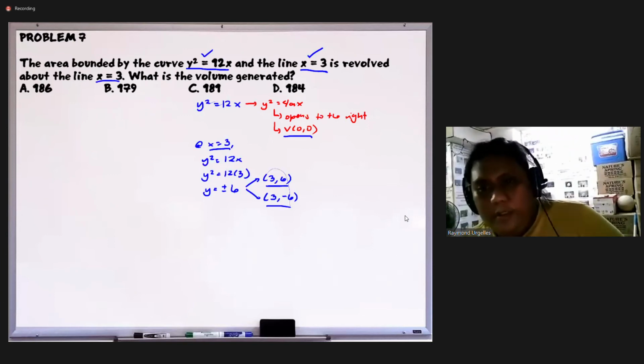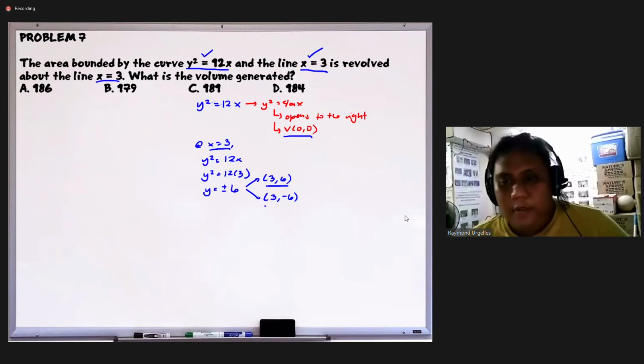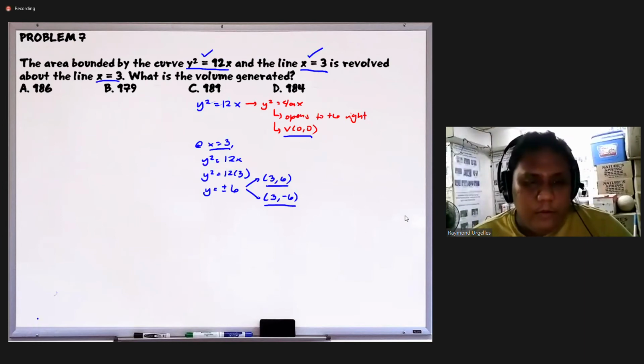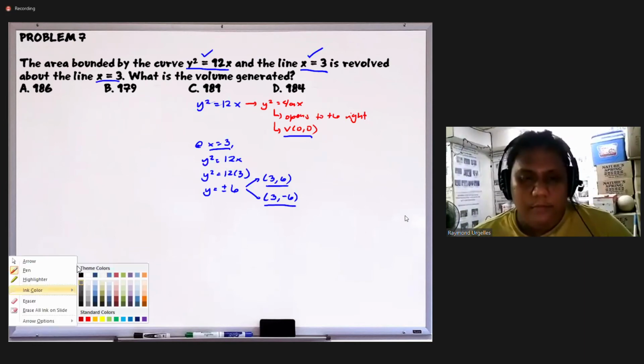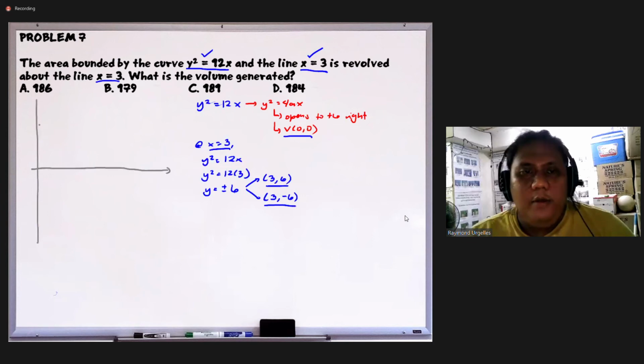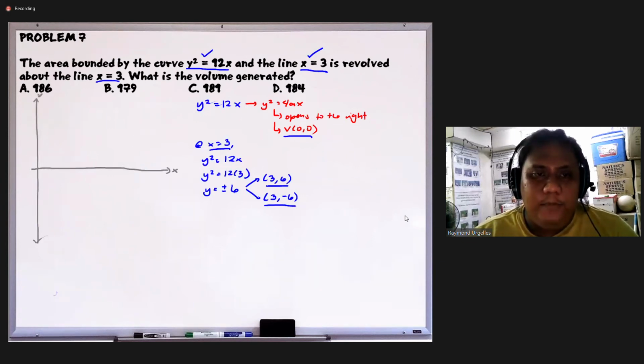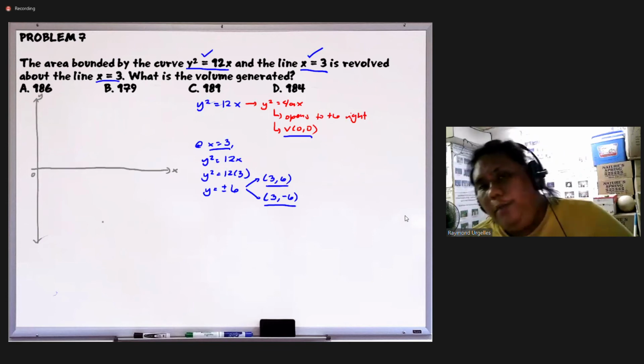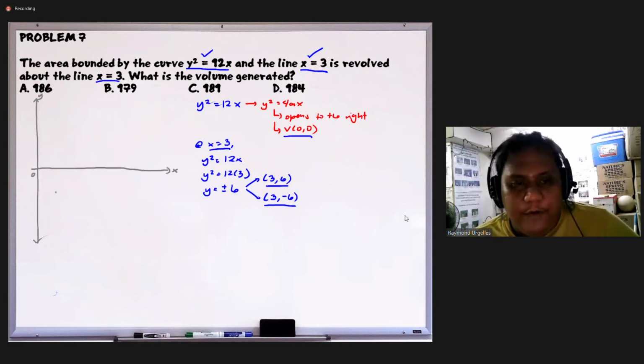Now we can draw this. Let's say this is our x-axis, then the y-axis, and this is the origin. First, the vertex is at the origin.